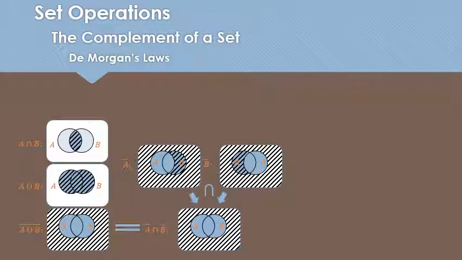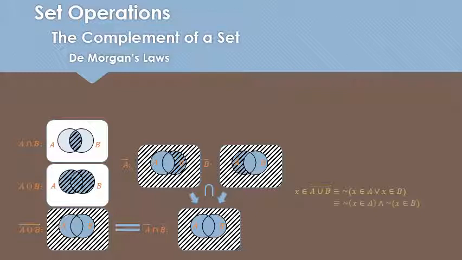We can also see how this works using logic. So X is in the complement of A union B is the same thing as saying that it's not the case that X is in A or X is in B, right? It's the stuff that's outside of X is in A or X is in B. It's the elements for which that's not true.